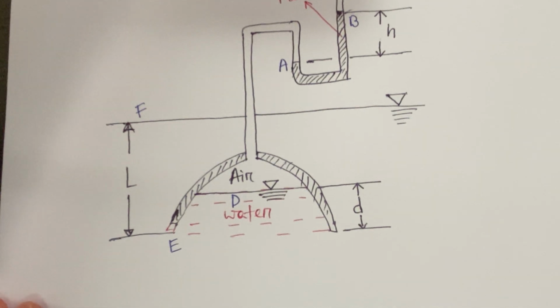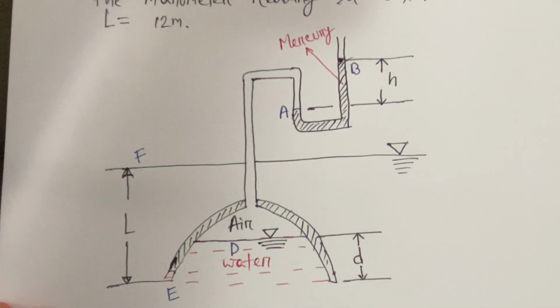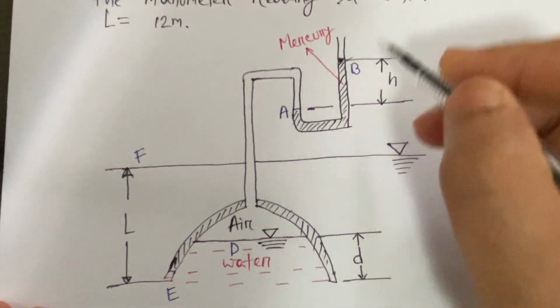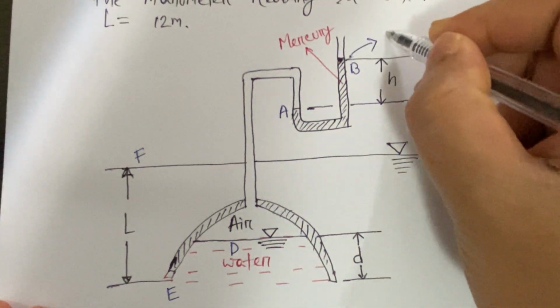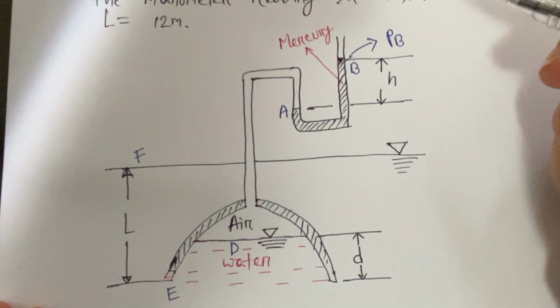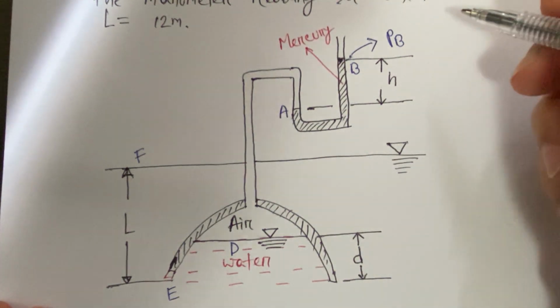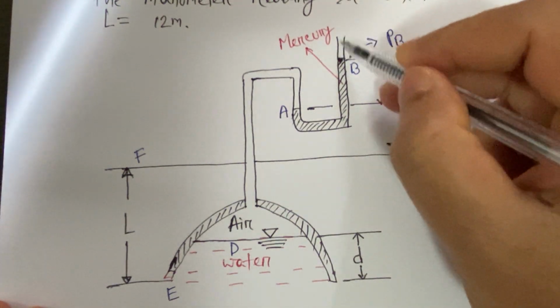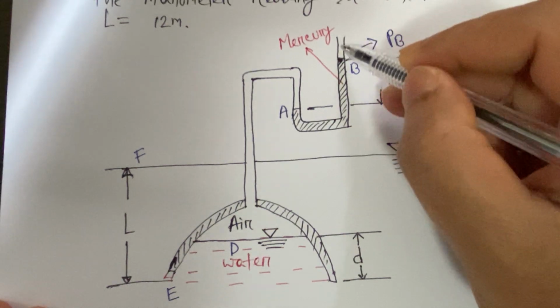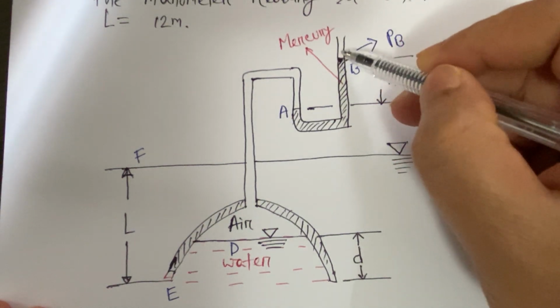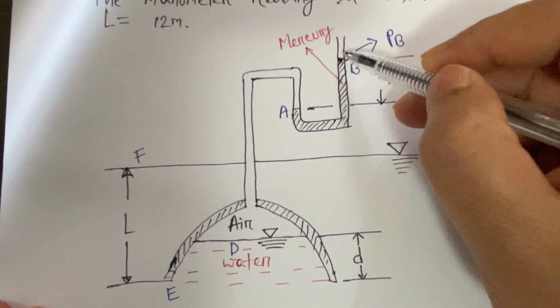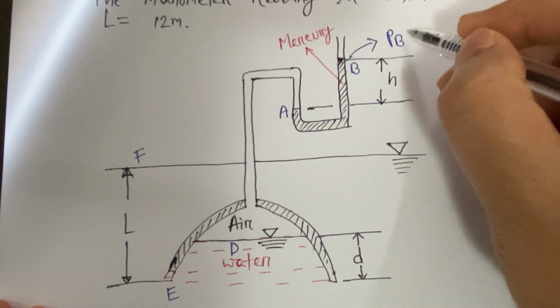The important thing is, for point B, the pressure at this point we can say is PB. And here, if you see, this is the open container, the tube. So in this case it should be the atmospheric pressure and the gas pressure.